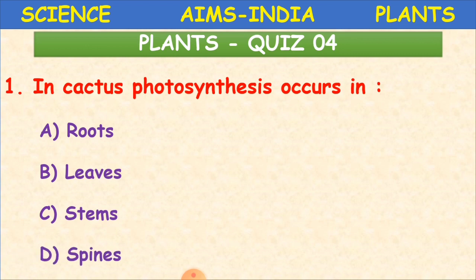Cactus is a desert plant, and photosynthesis occurs where? Yes, it occurs in stems. As it stores water, this stem plays an important role in photosynthesis. Okay children? The second question.